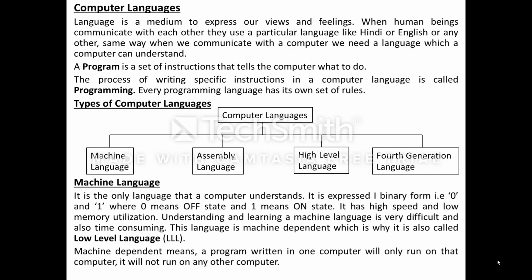Machine language consists of 0 and 1, where 0 means off state and 1 means on state. It has a high speed and a low memory utilization. That means the speed is high, but the utilization of the memory is low. Understanding and learning a machine language is very difficult and also time consuming.